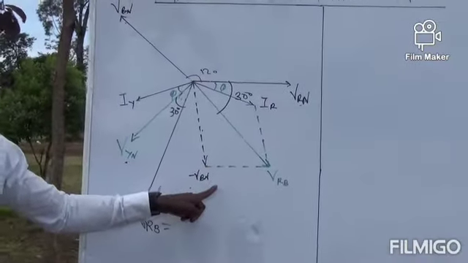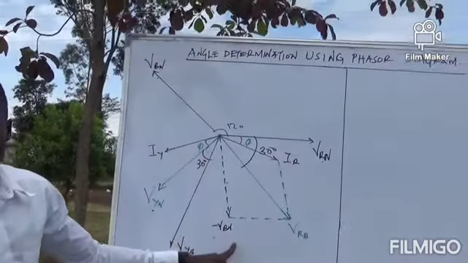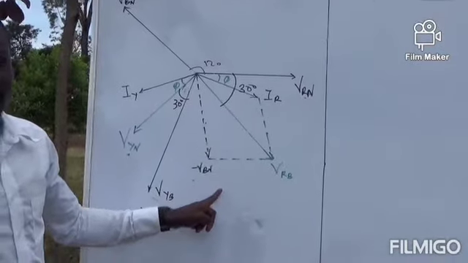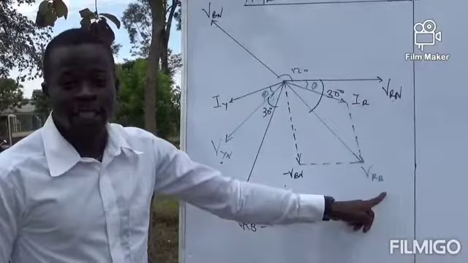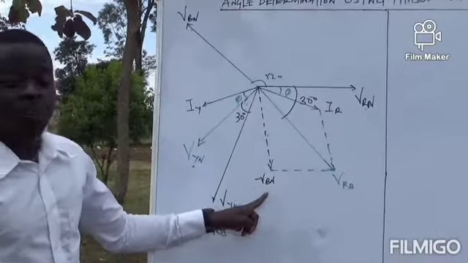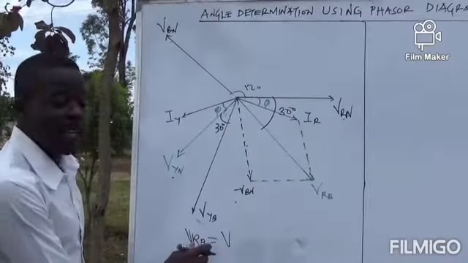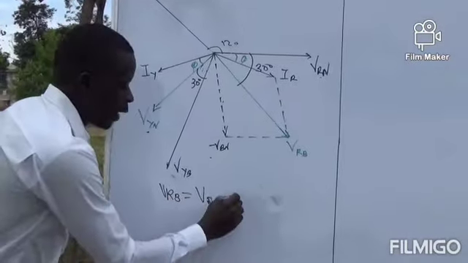This negative VBN means we have VBN but inversed, so it has changed direction. That is why we are using a negative. So VRB, which is a line voltage, is a voltage between VBN and VRN. In other words, VRB is equal to VRN minus VBN.